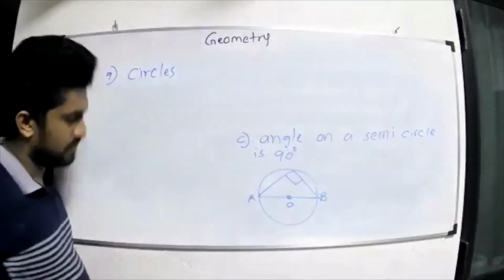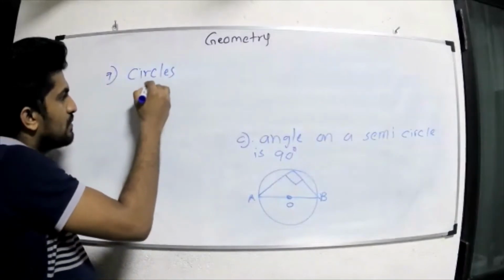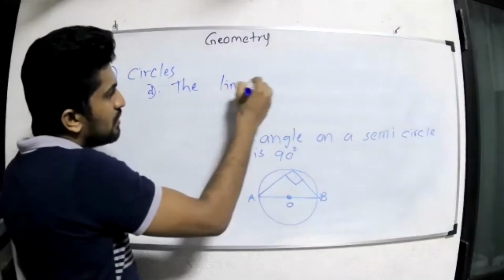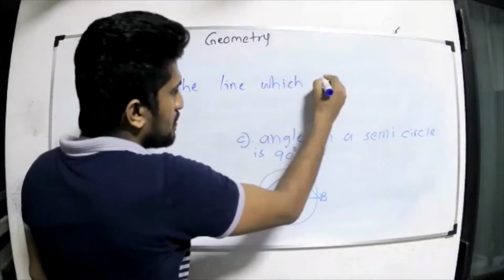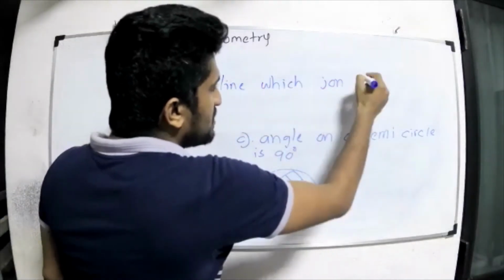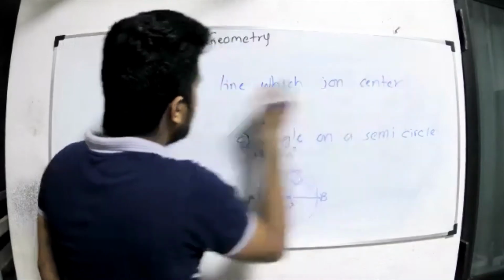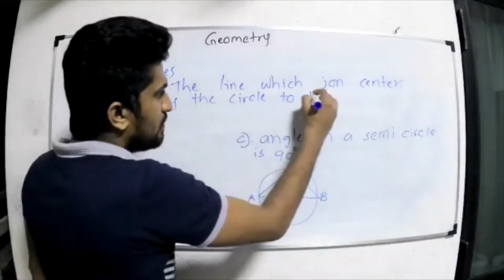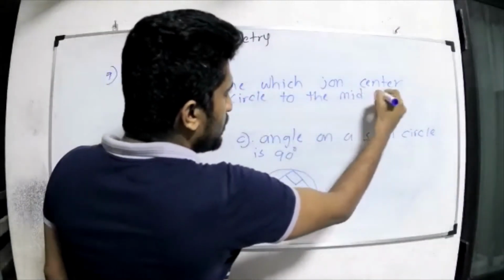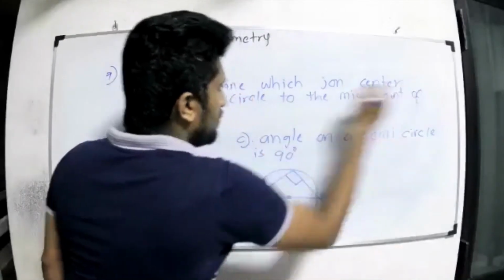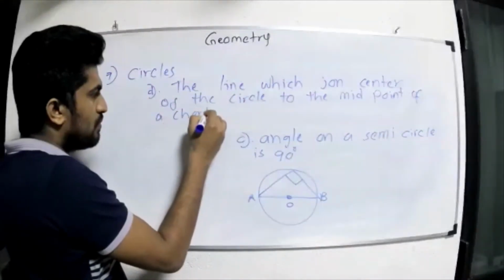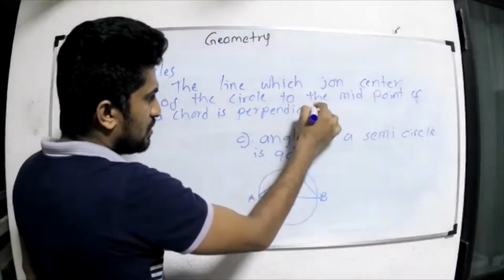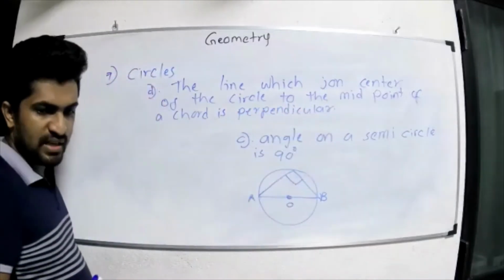Next one. The line which joins the center of the circle to the midpoint of a chord is perpendicular. It is like this.